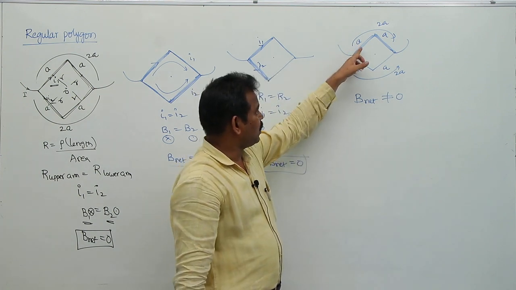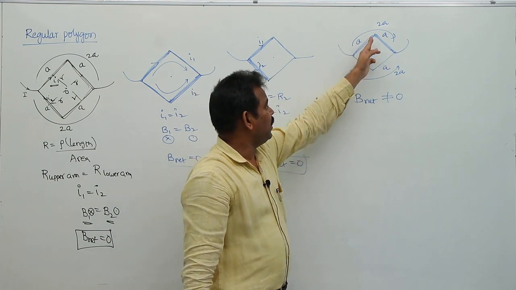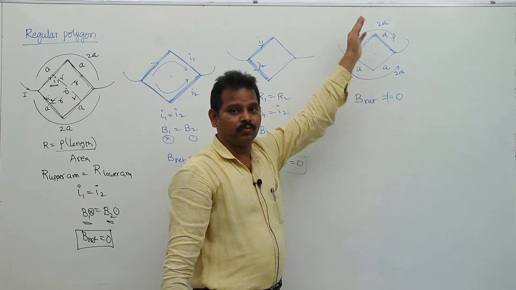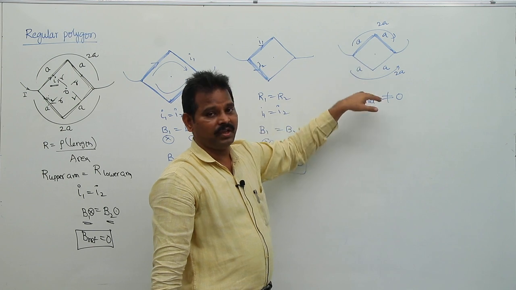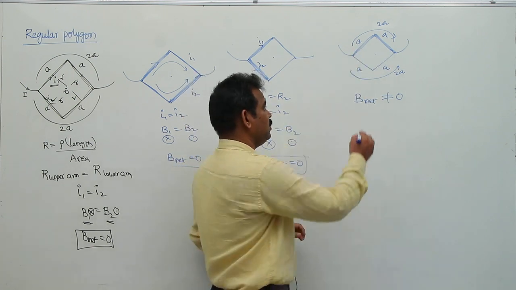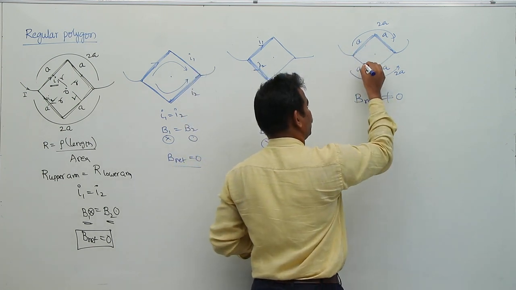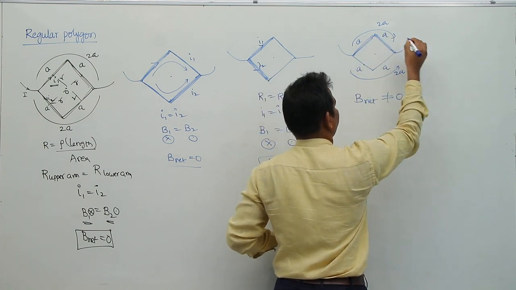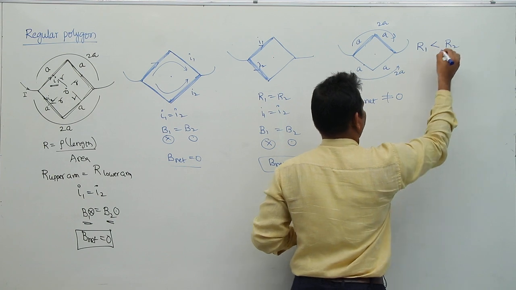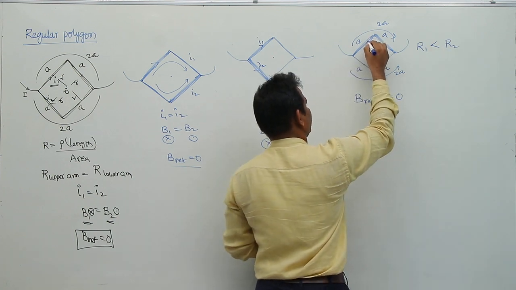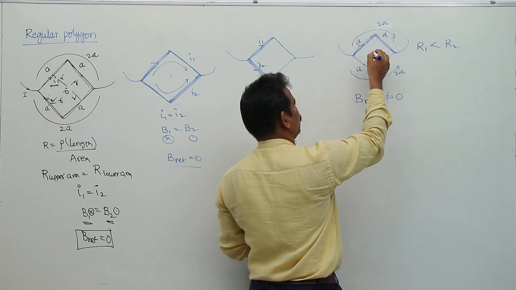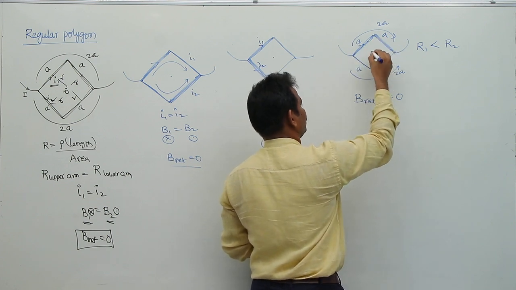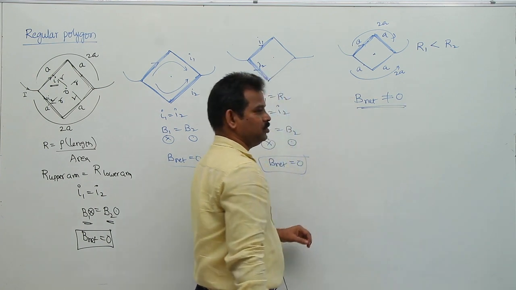The length of the wires connected in the upper branch is equal to the length of the wires connected in the lower branch. If lengths are same but areas are different, here total area is more, here total area is less. More area means resistance in the first branch will be less than the resistance in the second branch. So when the resistance here is less, more current will flow and magnetic field due to this portion will be more here. Magnetic field due to this portion will be less here. So net magnetic field cannot be 0.